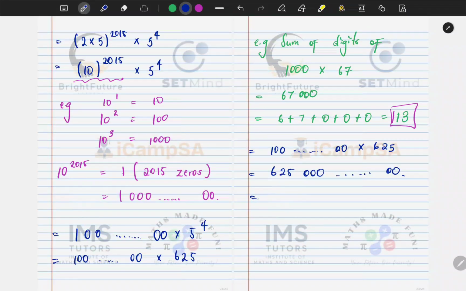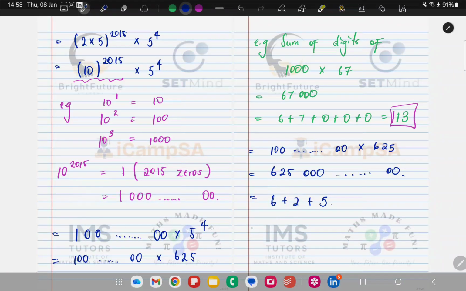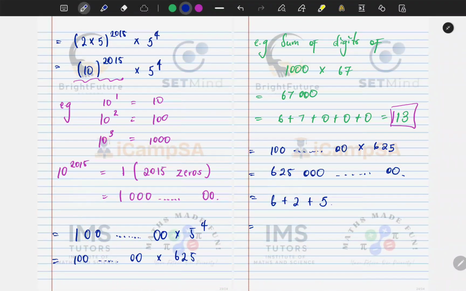So the sum of digits now is going to be 6 plus 2 plus 5, which is 13. So this is your answer. This is how you solve these types of problems.